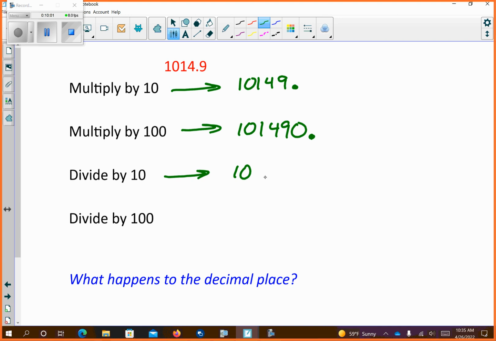And if I divide by 10, I get to here. If I divide by 100, I get to here. So notice the decimal is moving to the right or to the left by multiplying or dividing by 10 or 100. And we're basing that on that first number. Okay, so that's just something to consider.